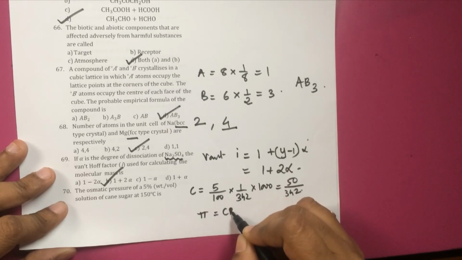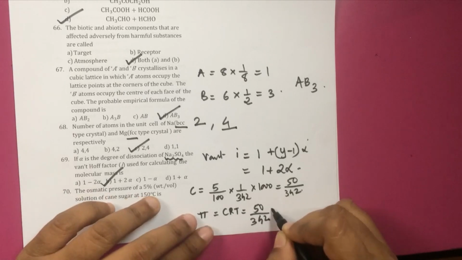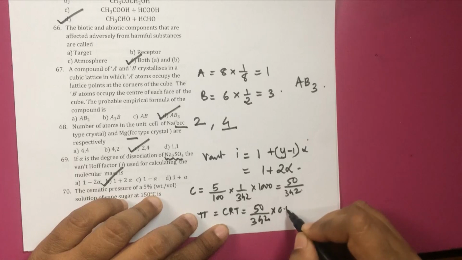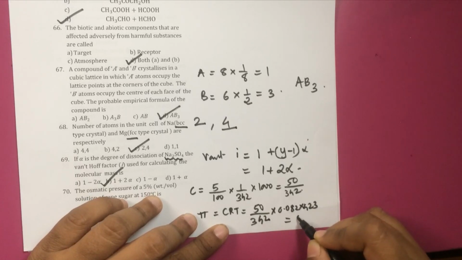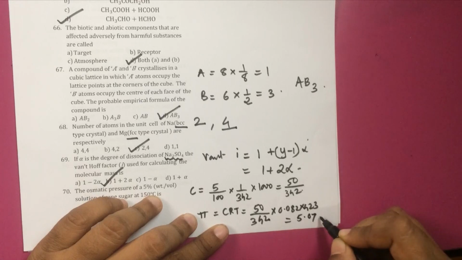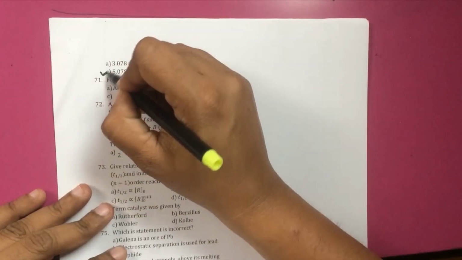Pi equals CRT. C is 50 upon 342, R is 0.082 and temperature is 423. When you calculate, the answer is 5.07 atmosphere. That is option C.